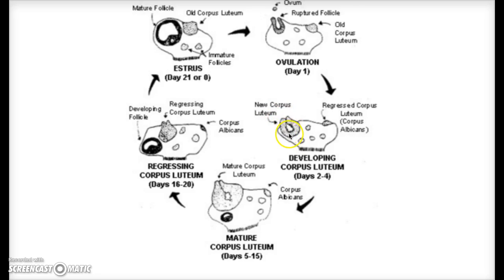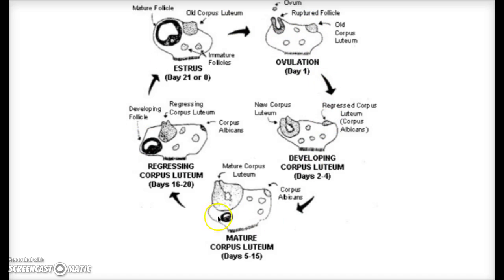Those are the leftover cells from the follicle. After a while, they too change in size and structure. They regress, becoming smaller. And eventually, all you see are little tiny remnants of cells, almost like scar tissue, that remain behind, like right here and right here.